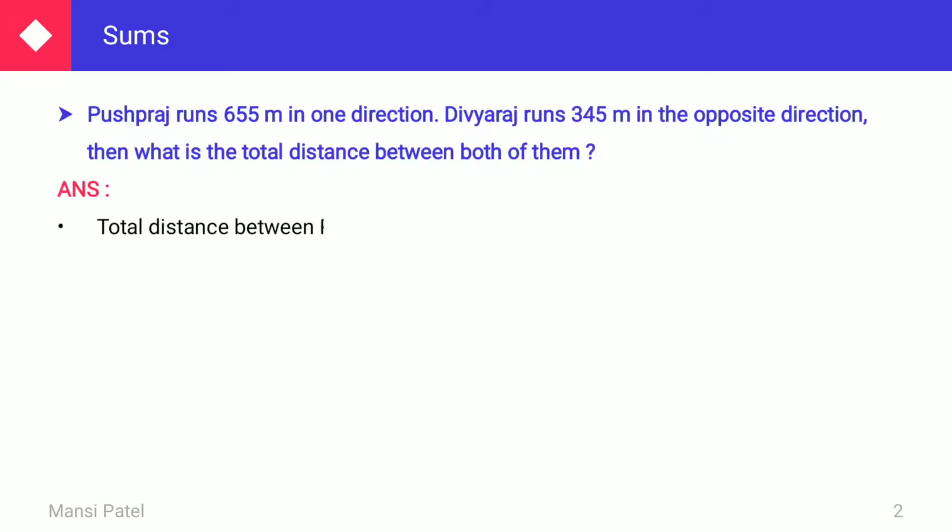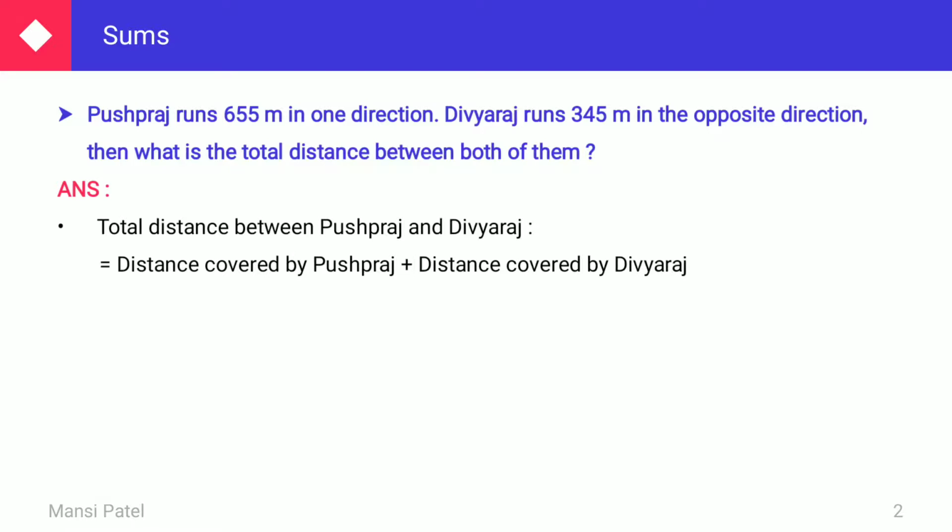Here we have to find out the distance between two persons. So we have to do the addition. So first we have to write down the distance covered by Pushparaj, plus the distance covered by Divyaraj.